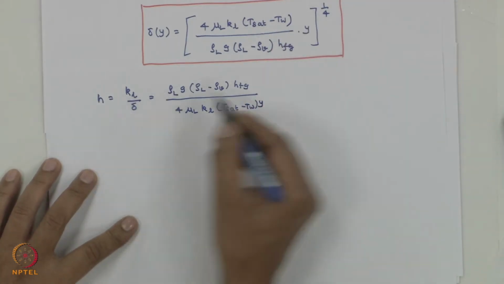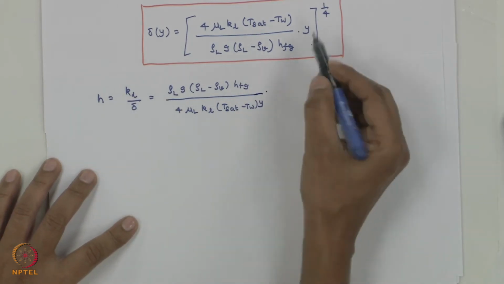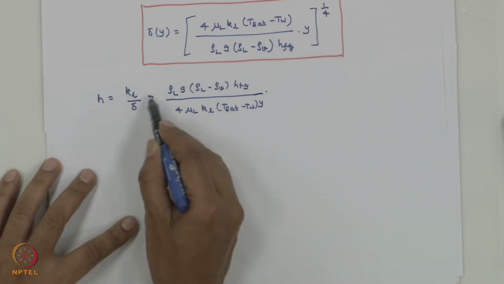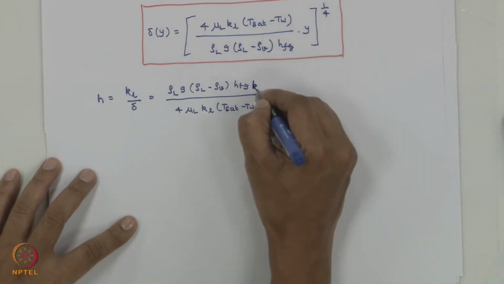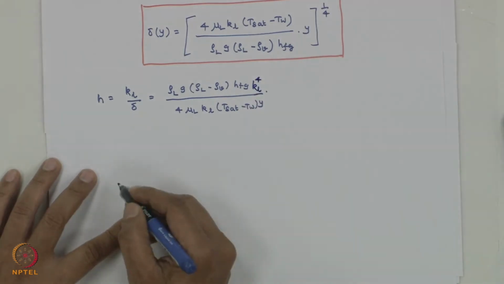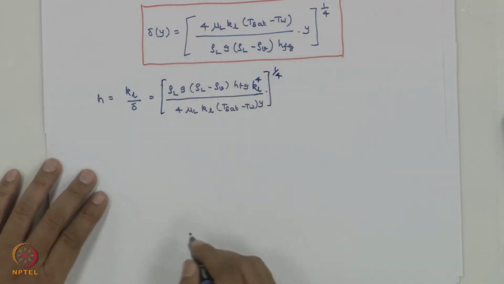Now KL is there, and y is there in the denominator, and if you have to push KL inside to the power of 1 by 4, you have to multiply by KL to the power of 4, so you will end up getting KL cube.